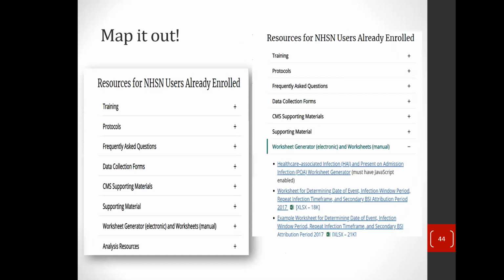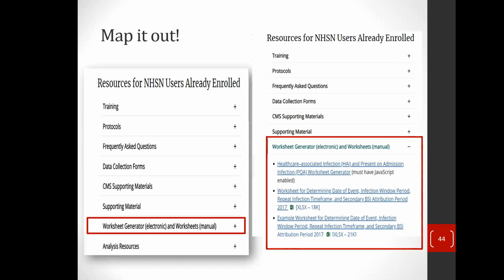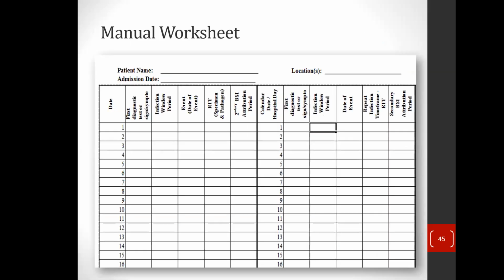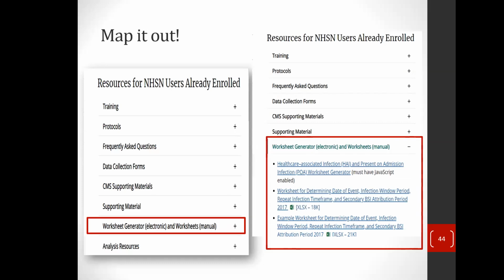On the NHSN website, there are resources for users. Under that same screen I showed you before, there's a tab that says Worksheet Generator. If you click on that, it will give you the screen on the right there. You can click on the top one, the worksheet for denominator data, and it will give you a manual worksheet.